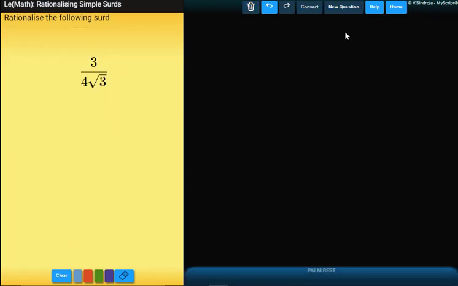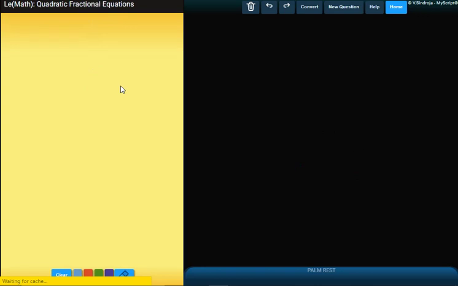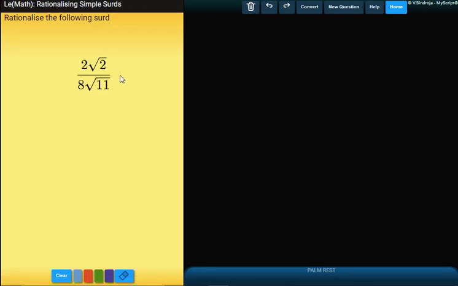All right, let's try another question. Actually, let's find one, yeah, this one here. So we're going to multiply top and bottom by root 11. On the top we'll get 2 root 22, and on the bottom we'll get 8 times 11, so 88.